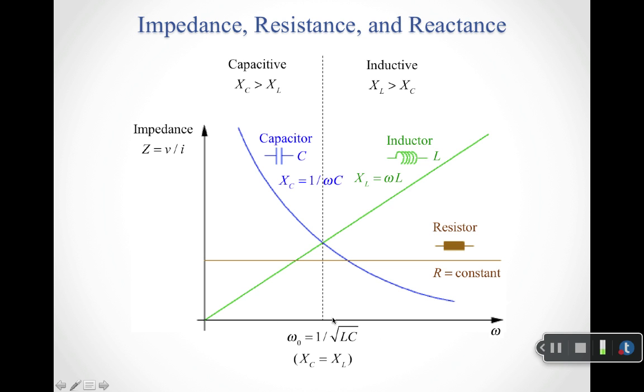So this is the natural frequency of some LC circuit. It's also the point at which you set your two reactances equal to each other. And so this obviously has a very special value in terms of AC circuits that we'll talk about in class. So at low frequencies, the impedance is dominated by the capacitor. At high frequencies, the impedance is dominated by the inductor.